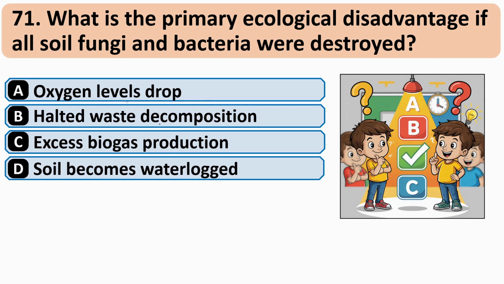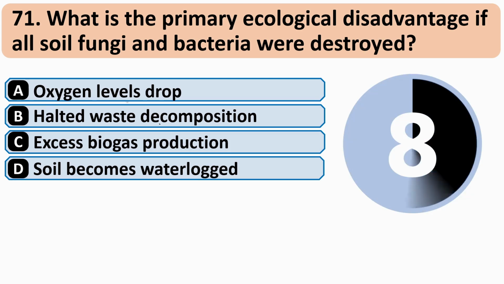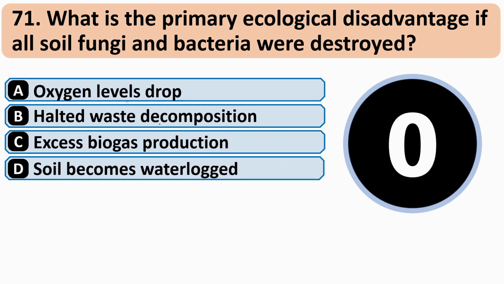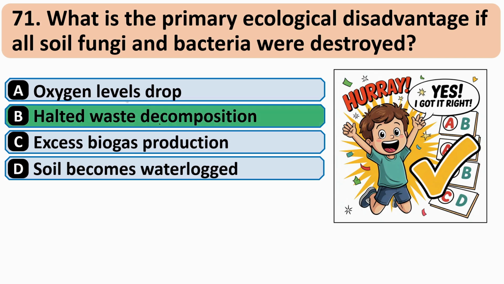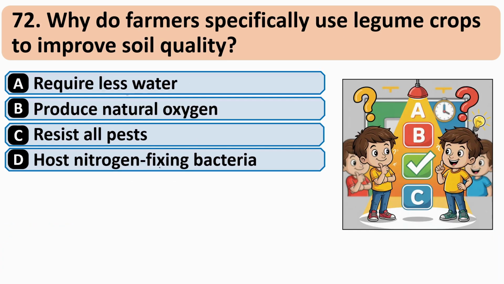What is the primary ecological disadvantage if all soil fungi and bacteria were destroyed? And correct answer is B, halted waste decomposition.